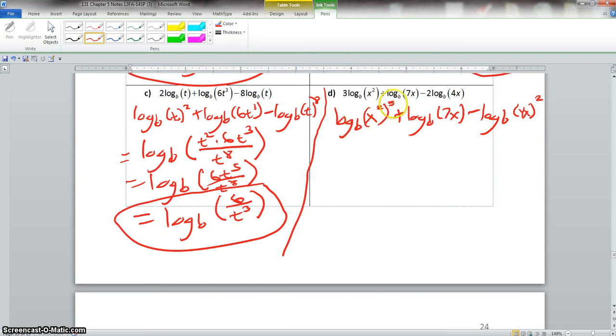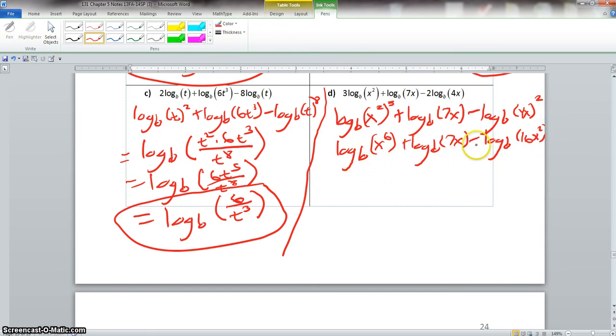So now, remember that is a 3. So this would be log base b of x to the sixth power plus log base b of 7x minus log base b of 4 to the second, which is 16, and x to the first to the second, which would be x to the second.